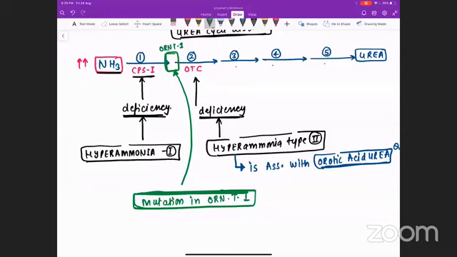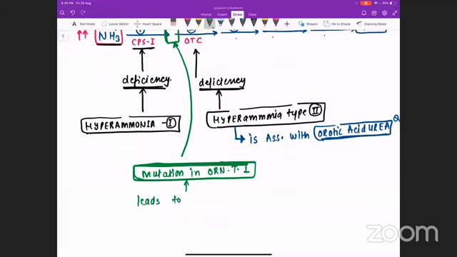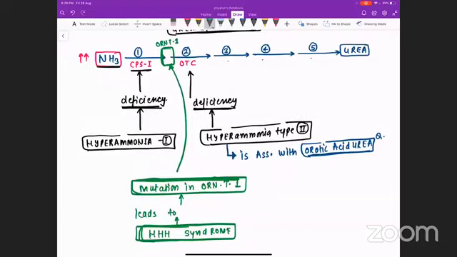If there is a mutation in ornithine transporter 1, it will lead to something called triple H syndrome.